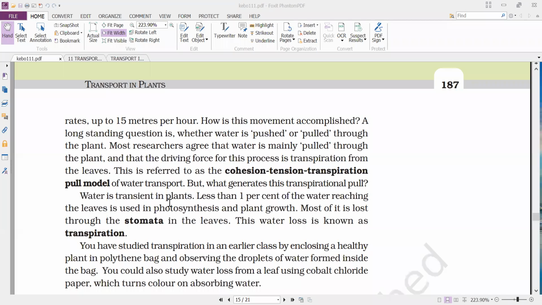This water loss is known as transpiration. Only less than 1% of water is utilized for the plant's metabolic activities, and more than 99% of the water is lost into the atmosphere through the openings present in the leaves. This process we call transpiration.